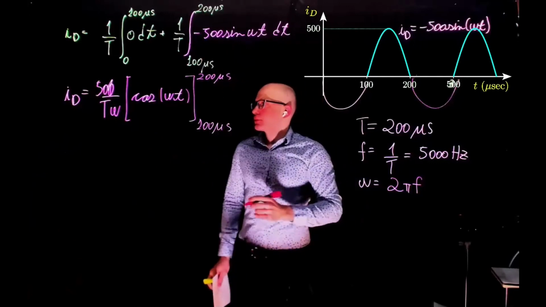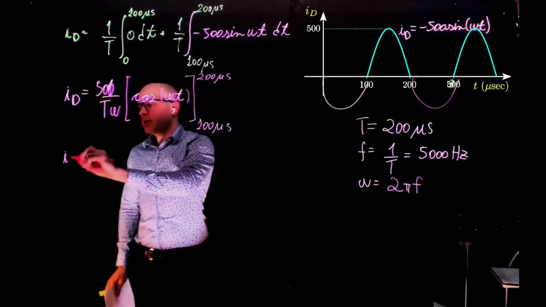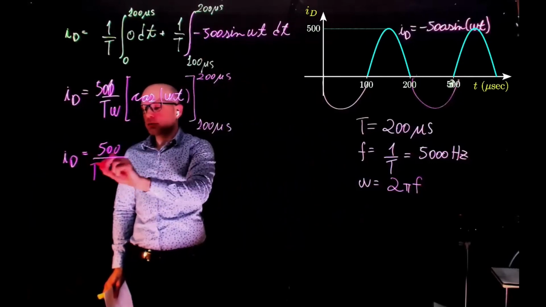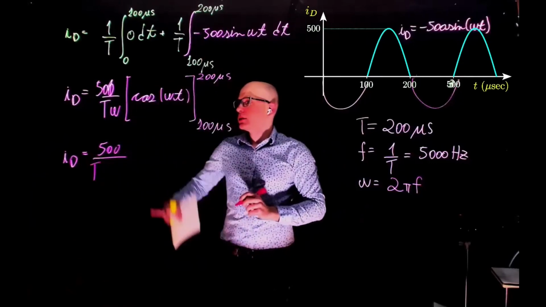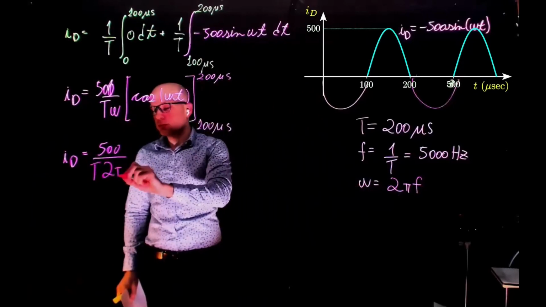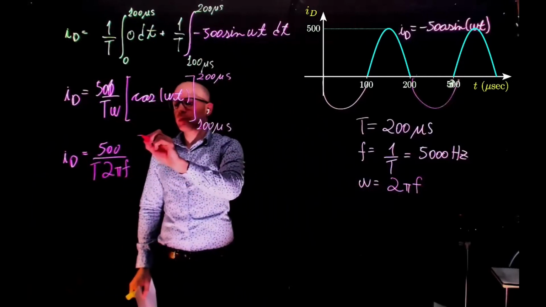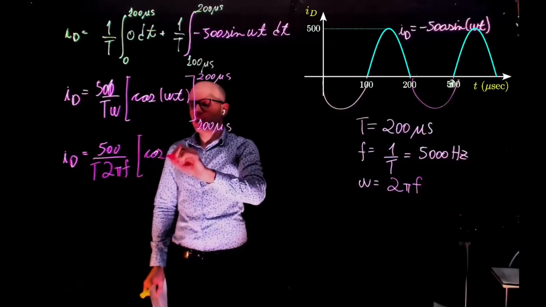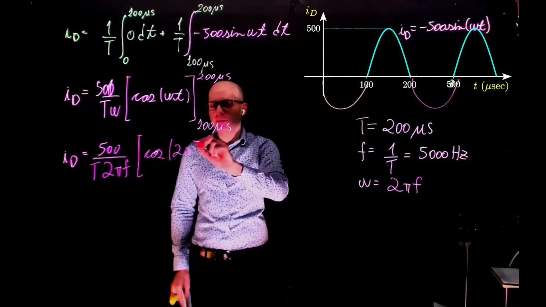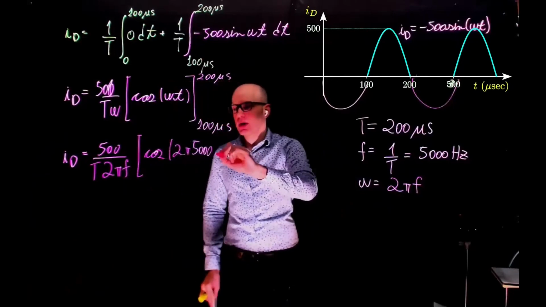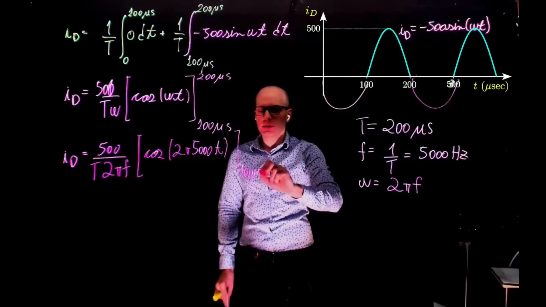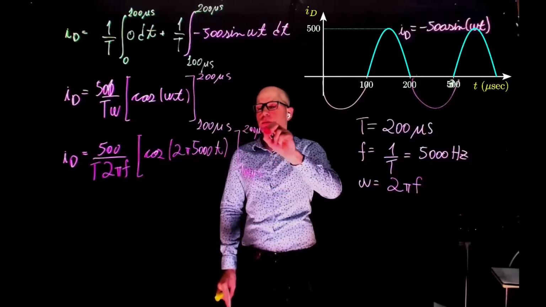Now we can continue to expand this: 500 divided by T omega, omega is 2 pi f, cosine of 2 pi times f, which is 5,000, times t from 100 microseconds to 200 microseconds.